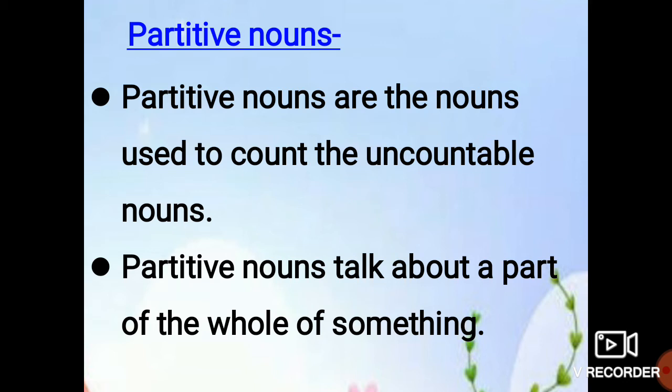Now, let us study partitive nouns. What are partitive nouns? Partitive nouns are the nouns used to count the uncountable nouns. Partitive nouns talk about a part of the whole of something.